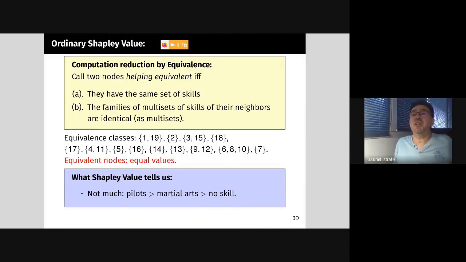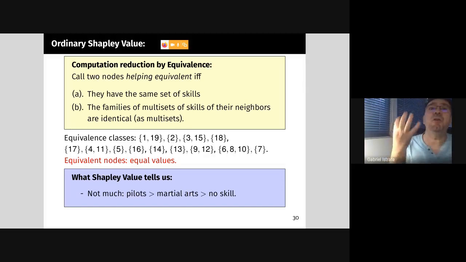So let's see what the Shapley value, the ordinary one, is telling us about the network. There is a notion here that basically helps reduce the computation. Two nodes are called equivalent if they have the same skills, and their neighbors have the same sets of skills.